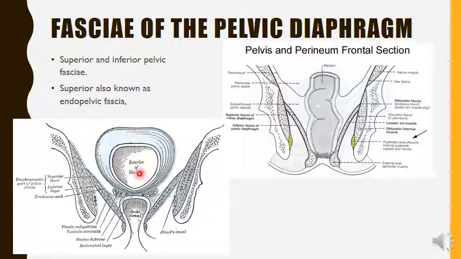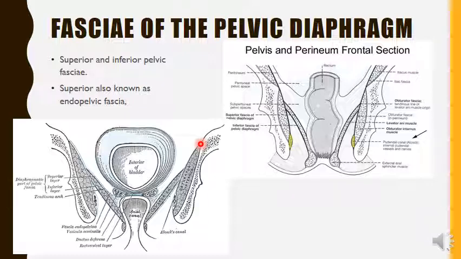Then coming to the superior fascia of the pelvic diaphragm. Anteriorly it is attached to the back of the body of the pubis, and laterally it crosses the superior ramus of the pubis and then blends with the obturator fascia again. It also continues a little above along the irregular line to the ischial spine.